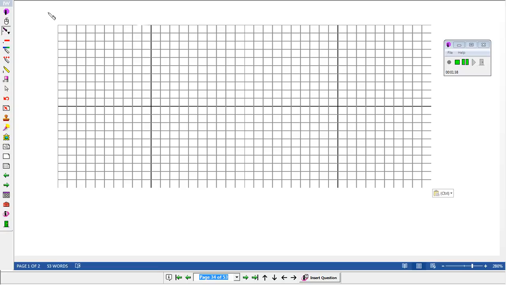So in this example, let's graph the inverse cosine y equals 4 times inverse cosine of 2x. Then let me go ahead and sketch the axis.